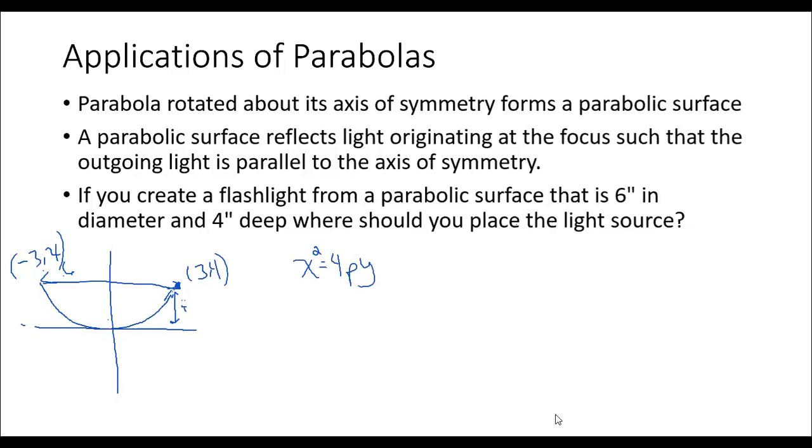This is just like the standard equation of a parabola with a vertex at the origin. So in all of these, we want to put the vertex at the origin so that it simplifies everything. So now we have this point 3, 4. We can plug in 3 for x and 4 for y. So we have 3 squared is equal to 4py.